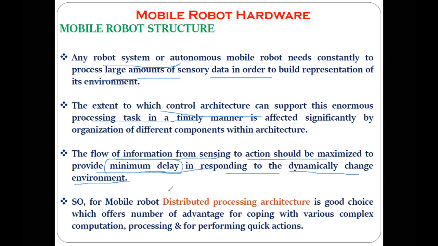Accordingly, the most popular mobile robot architecture is selected based on the distributed concept. So for a mobile robot, distributed processing architecture is one of the good choices. Distributed processing architecture offers a number of advantages for coping with various complex computation processing and for performing quick actions.